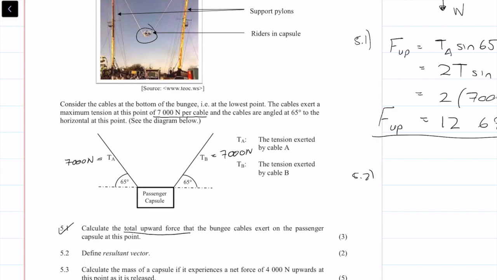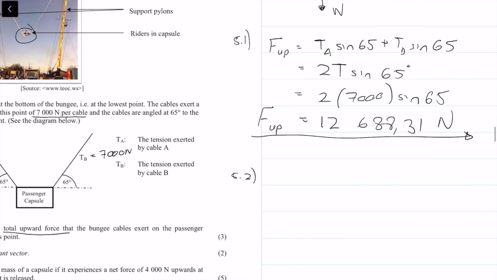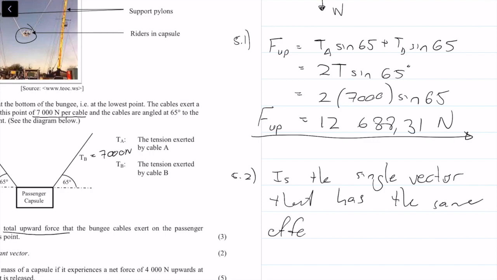5.2 is a definition. So define a resultant vector. A resultant vector is the single vector that has the same effect as the original vectors acting together.